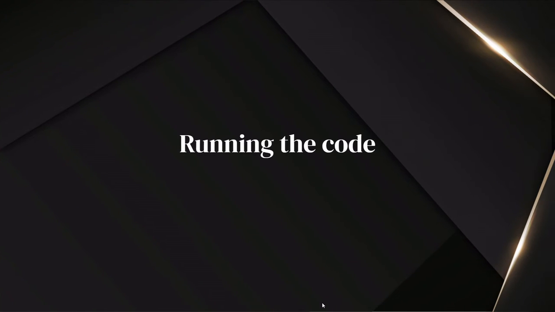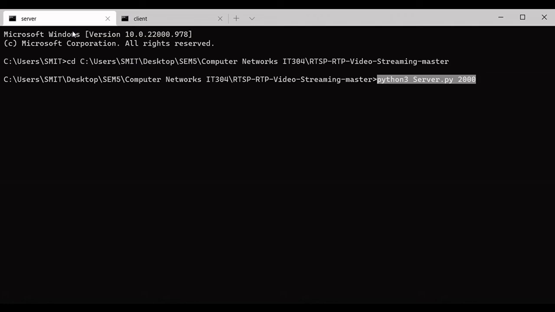Now let's run the code. So we have to open two different command prompts, one for the server and another for the client. For the server, we have to run this command, where 2000 is the port number of the server, which must be greater than 1024.